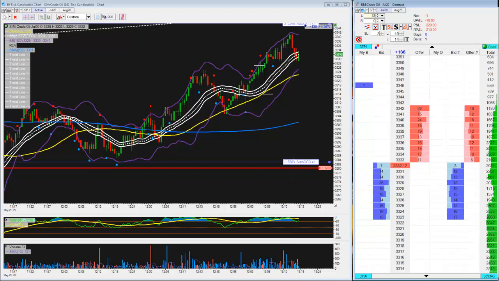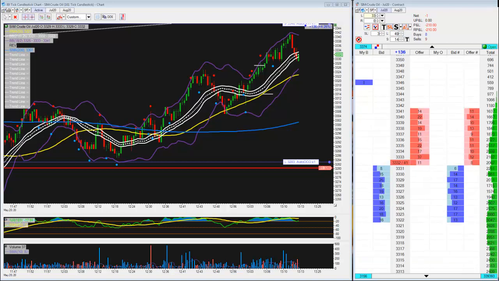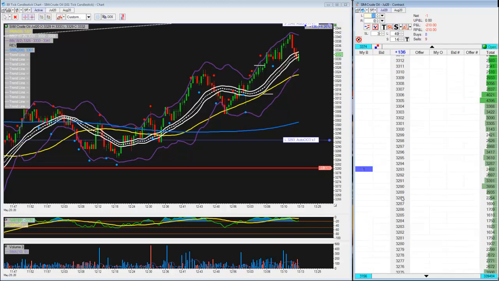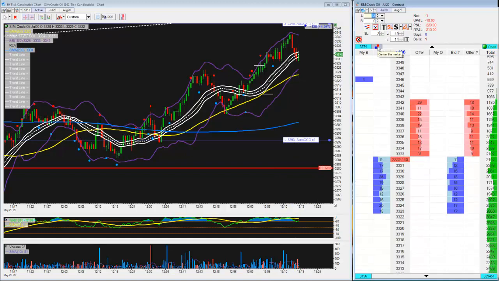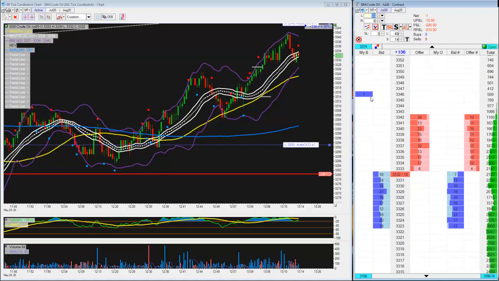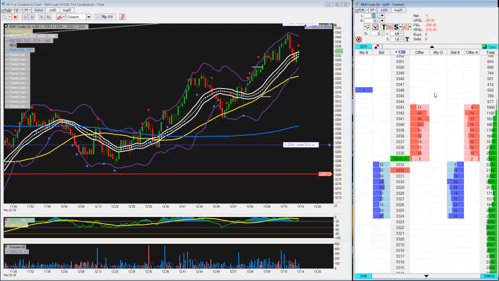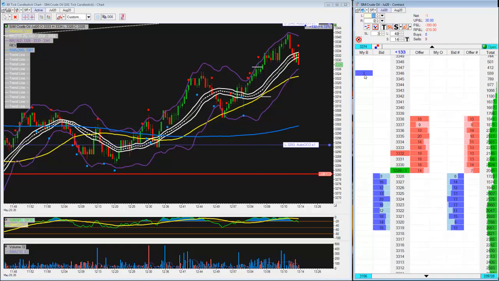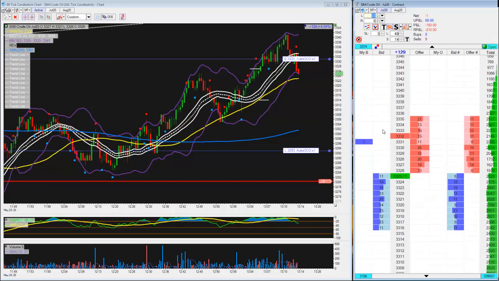Three, four, two. Huh? Puts the market at 32.93. See how much we can recover here today.